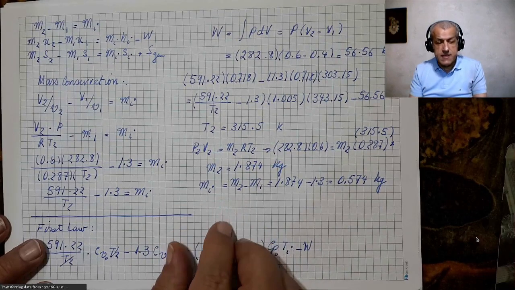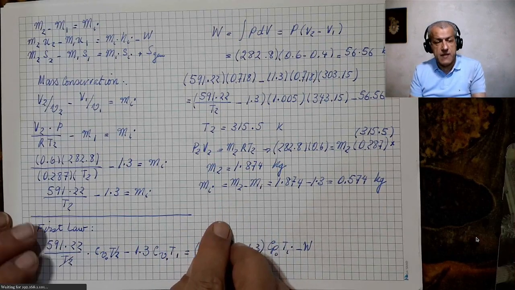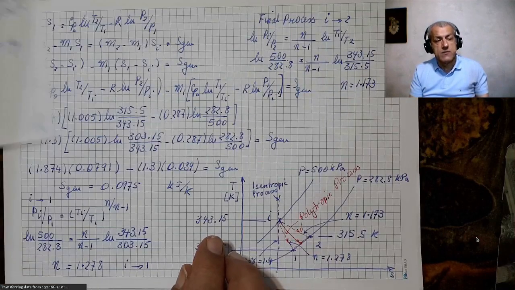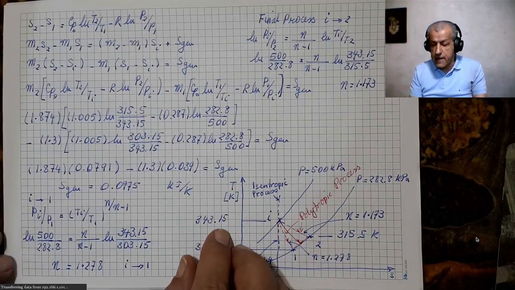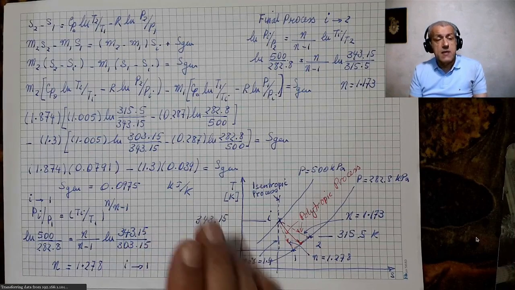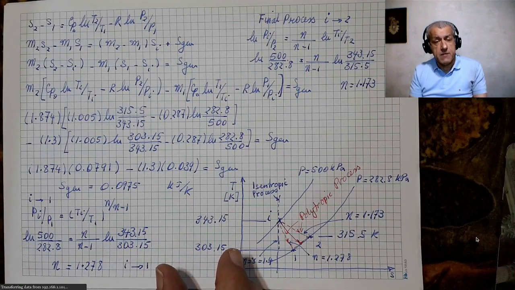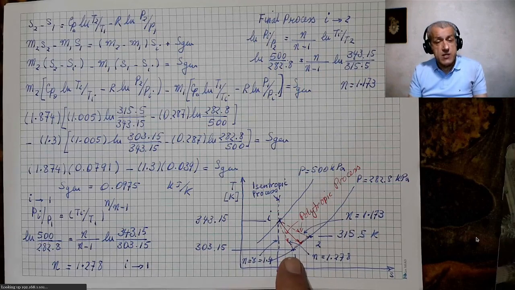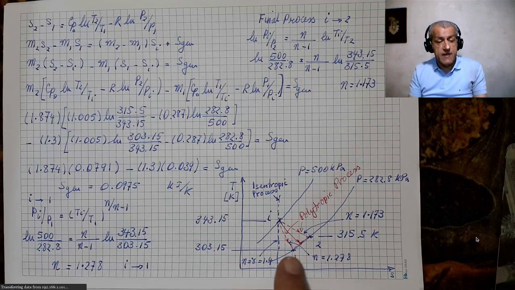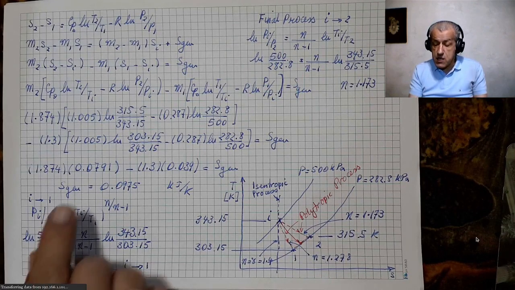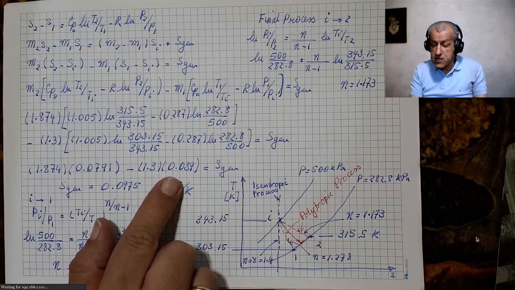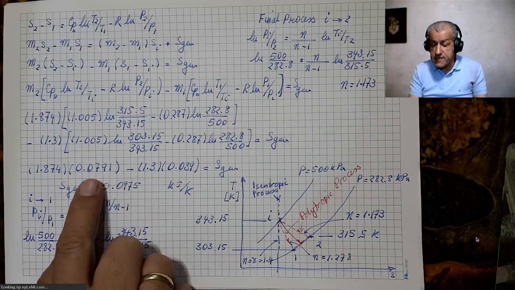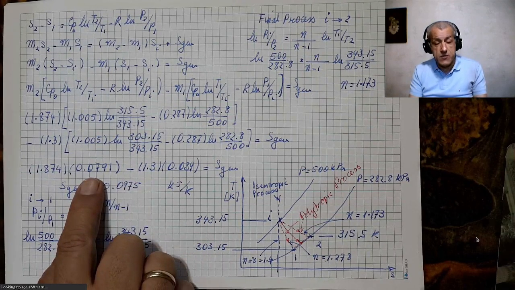We used these equations to calculate final temperature and also final pressure, and then we used the second law of thermodynamics to calculate the entropy generation. It is different initially and finally, and we now know what the entropy generation initially was. This was the initial entropy generation, and this is final entropy generation per unit mass.